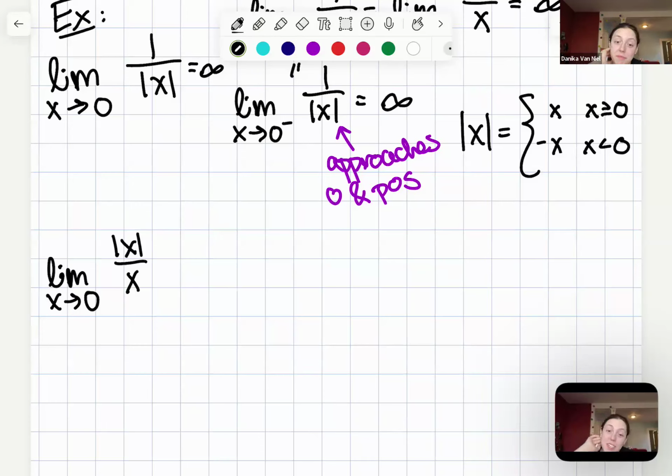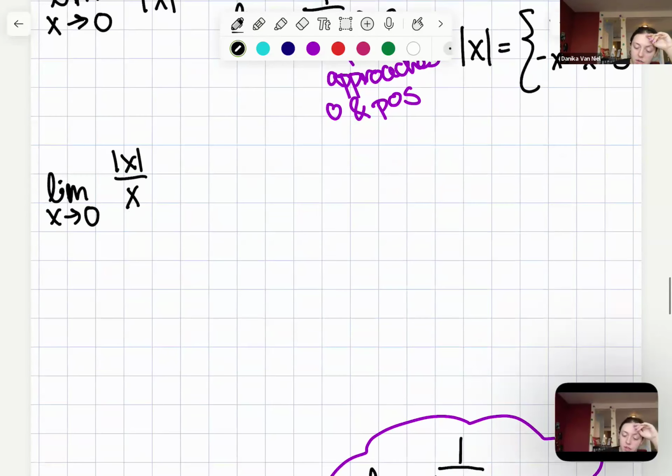These are not always equal, right? So for x equals -1, they don't cancel because the absolute value of -1 is +1, and x equals -1 means we're -1. Right? So the absolute value of x over x is not always equal to 1.